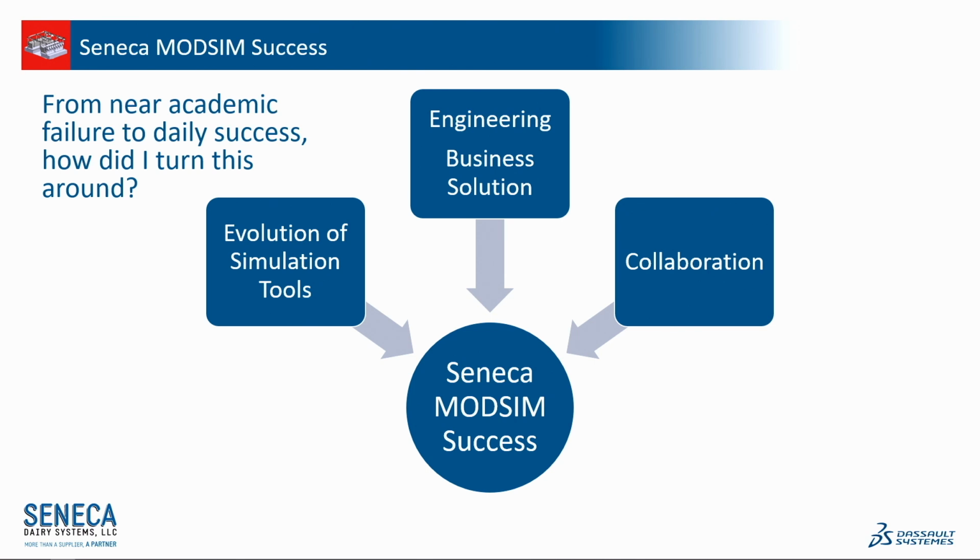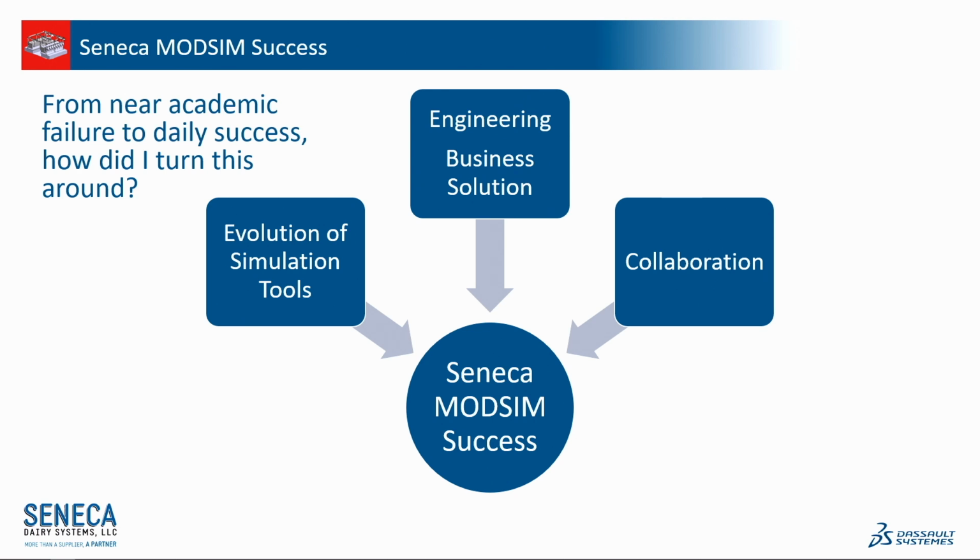But it was close. And I'm so thankful that the professor probably just had a little compassion and gave me a little bit of a curve. But how did I go from nearly failing that academic class to really using the simulation tools regularly, and being successful at integrating them, it being a valuable part of my design process?